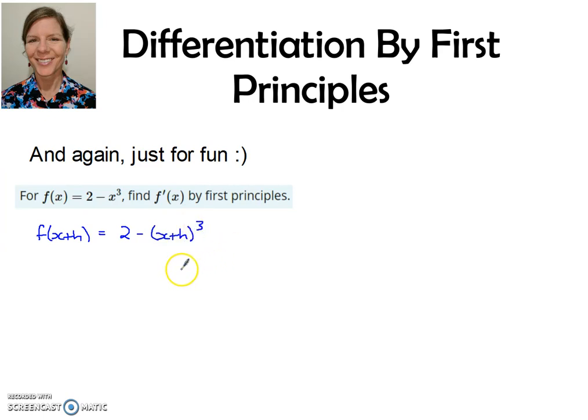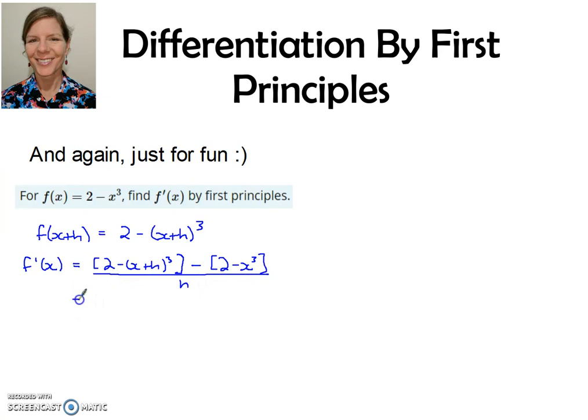You can bring that one out. And now the derivative is going to be this one, 2 minus x plus h cubed minus 2 minus x cubed all over h.